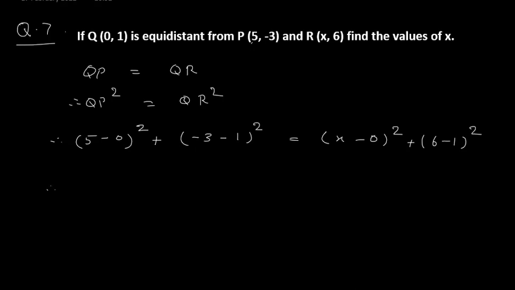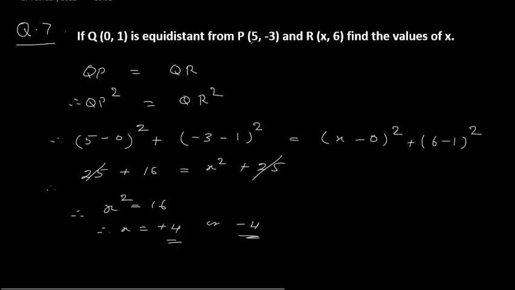So here we have 5 5 is 25 plus minus 3 minus 1 is minus 4 and its square is 16, equal to x square and 6 minus 1 is 5, so 5 5 is 25. This 25 will cancel. Therefore x square is 16. Therefore x is either plus 4 or minus 4.